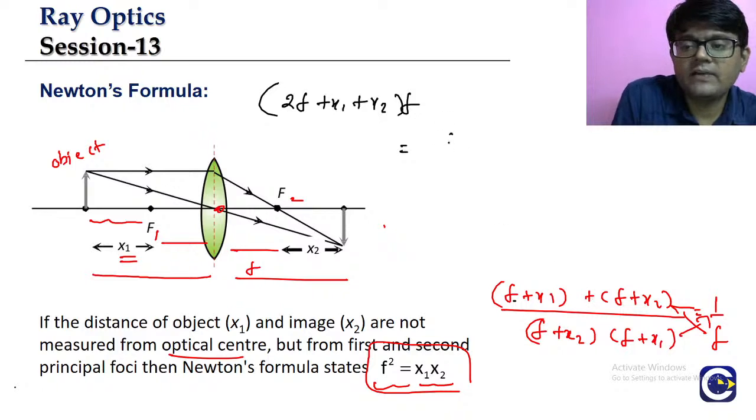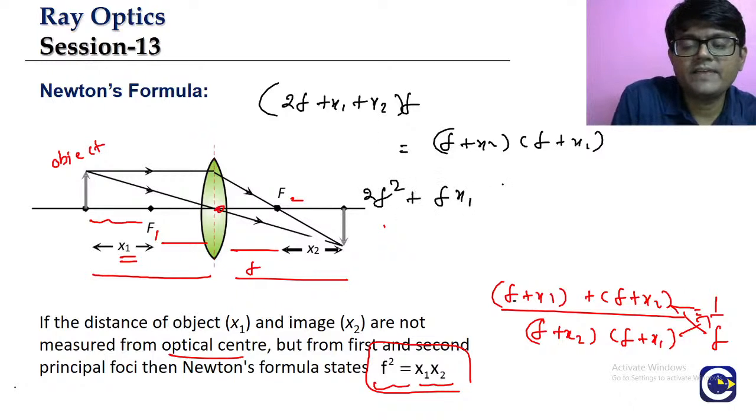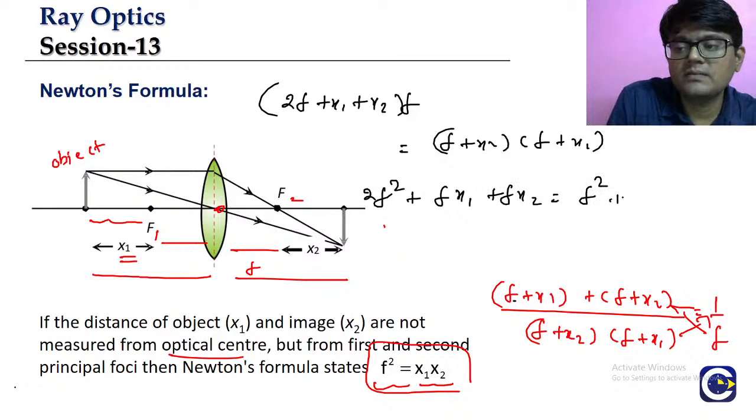Right hand side, we'll have f plus x2 into f plus x1. So this is 2f square plus fx1 plus fx2. Right side will have f square plus fx1 plus fx2 plus x1 x2.